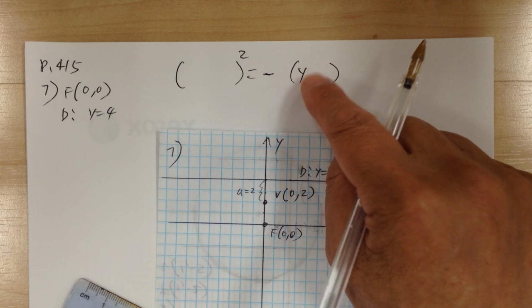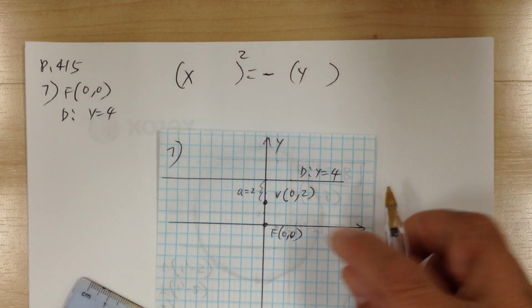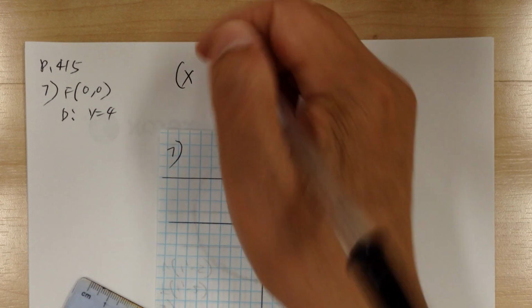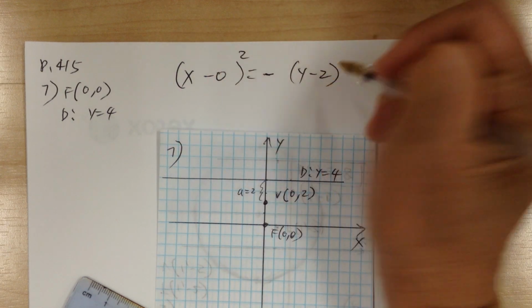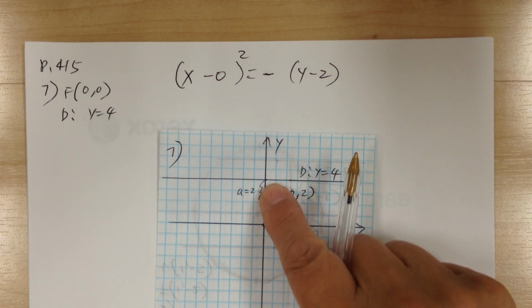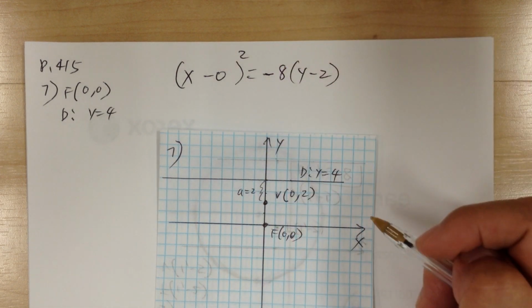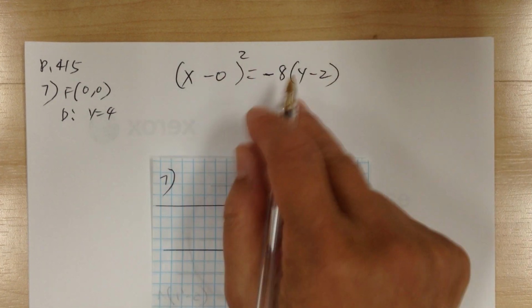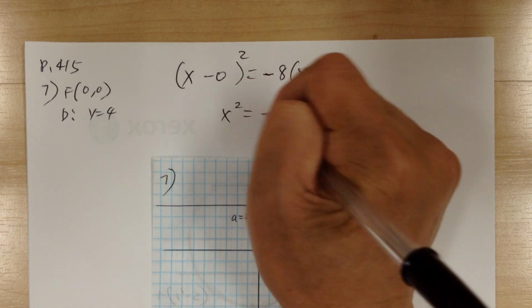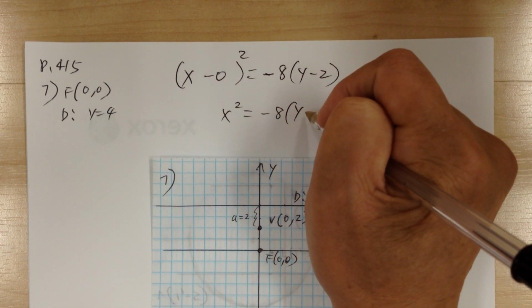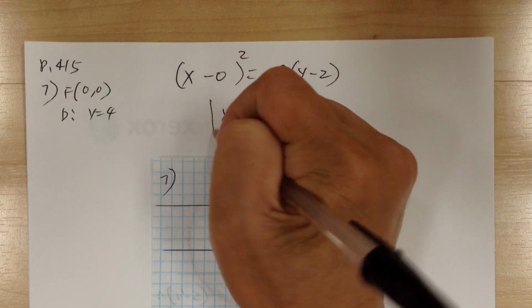Your vertex is (0, 2), so it'd be x minus 0, y minus 2. Now a equal to 2, so 4a will be equal to 8. Simplify this a little bit, so you get x squared equal to negative 8 times (y minus 2). So that's your equation.